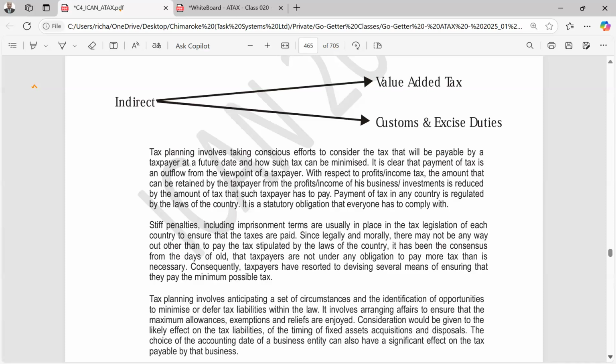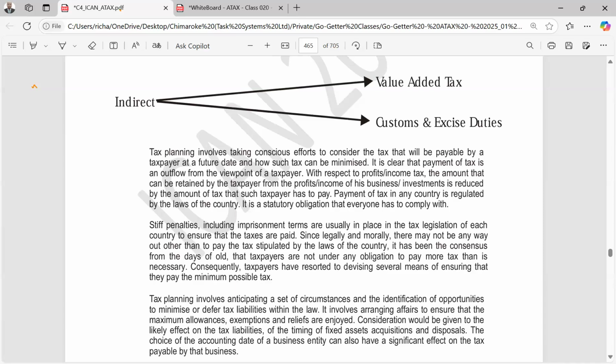All the transactions that were done in February, by the 21st day of March, the VAT calculated should have been filed and paid. So when you calculate and know those dates for all the years, that's a tax planning activity.